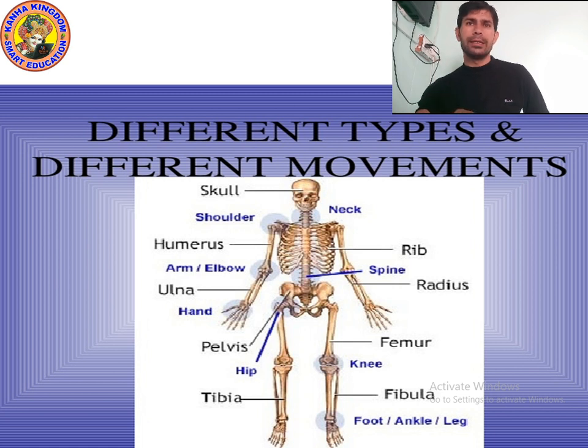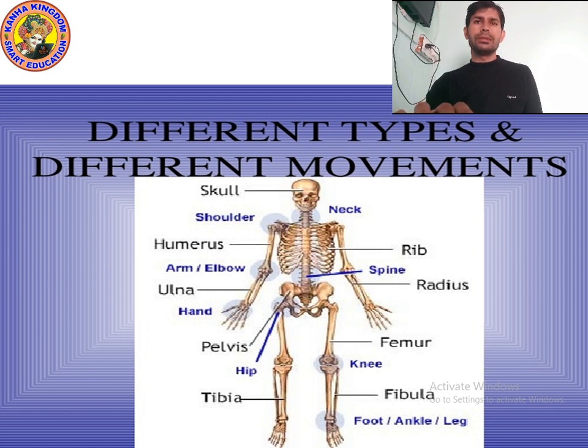There are two types of joint, movable joint and non-movable joint. There are different movable joints like gliding joint, hinge joint, pivot joint, ball and socket joint. They are movable joints. And you also know that fixed joint is a non-movable joint. Yes, am I right?